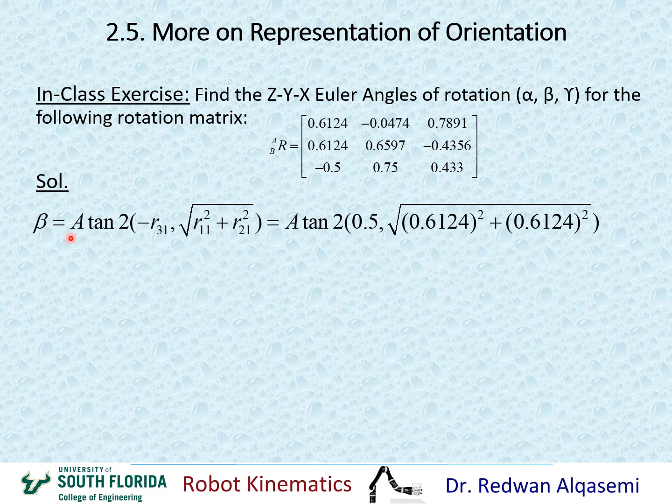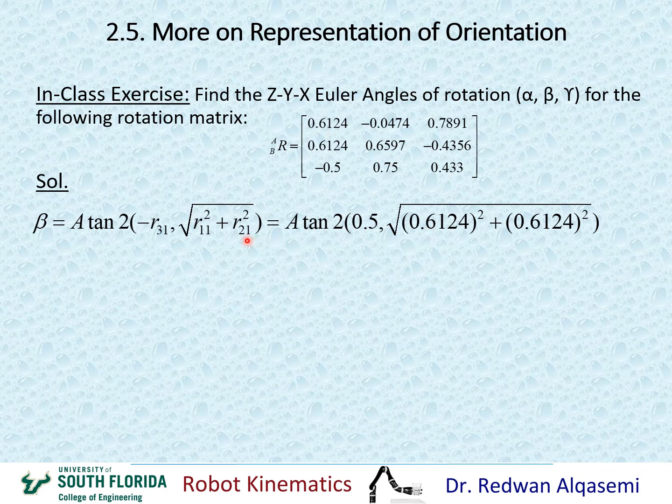So for beta, the definition of beta is atan2 of negative R31 and square root of R11 squared plus R21 squared. So R31 is given here to be negative 0.5. Negative of that would be positive 0.5. I can put it here. And then R11 is first row, first column, 0.6124, so I can put it here.